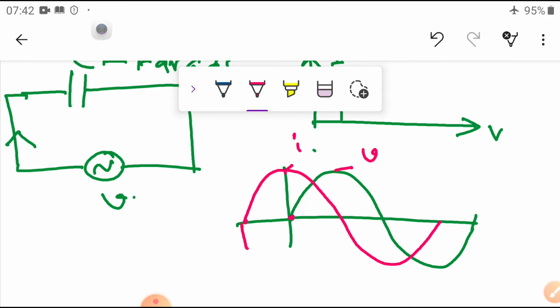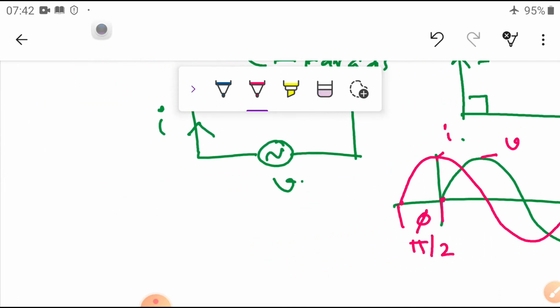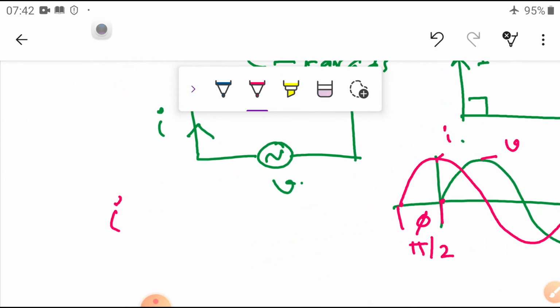So the phase angle between these is phi, that is the maximum phi by 2 in pure capacitance. Okay. So what is the current? I is equal to V by the ohmic value. What is the ohmic value here?